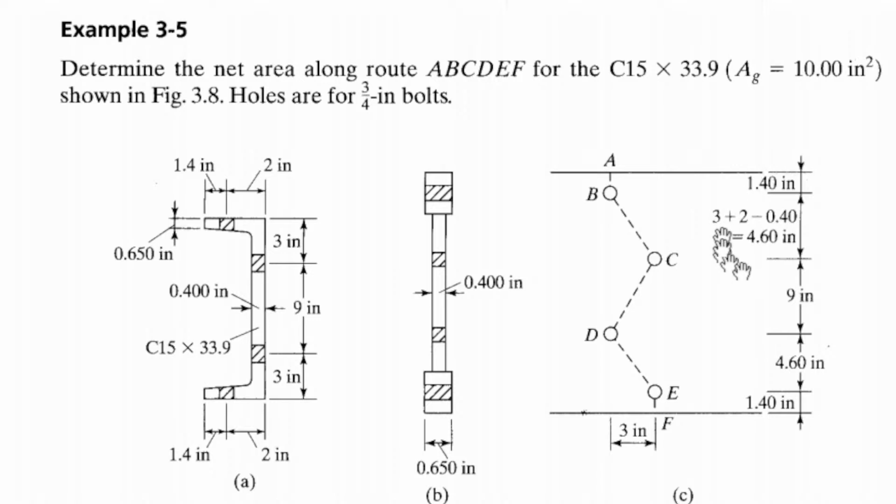Because if you make a mistake in computing this, you will have a mistake in computing the staggered hole formula. Staggered hole formula, remember, S squared over 4G. This is the value of G, 4.6. So 4.6 is very far from 5 because 3 plus 2 is 5.